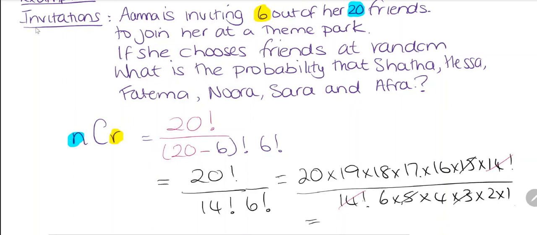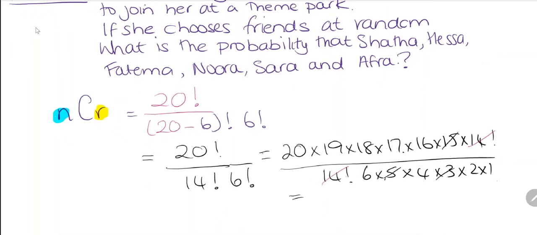So let's work this out. Or we could put 20 factorial divided by 14 factorial times 6 factorial straight into the calculator. Or actually, instead of cancelling the 15, we could do 6 times 3 was 18 and 5 times 4 was 20, which means that we wouldn't have simplified the 15.